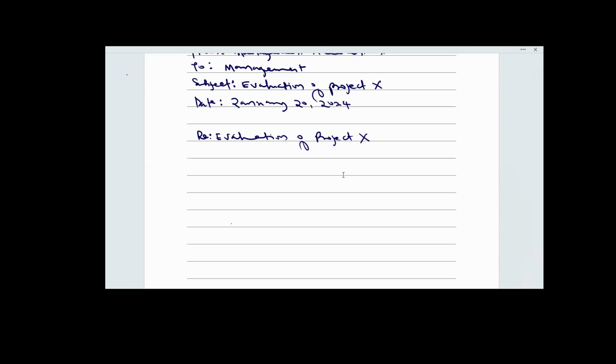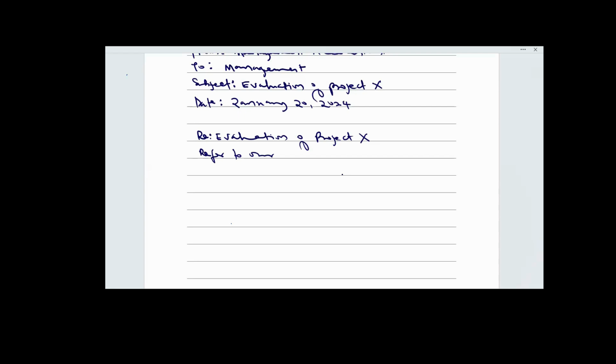Then I'll now begin. There's no need for you to say, dear sir, dear ma'am, just ignore that. So I will just come here, refer to our last discussion. Again, it's not compulsory that you write it the way I write it, because some people are very good at report writing. However, whenever you are writing your report, make it very brief and complete. All the ingredients that need to be there must be there.